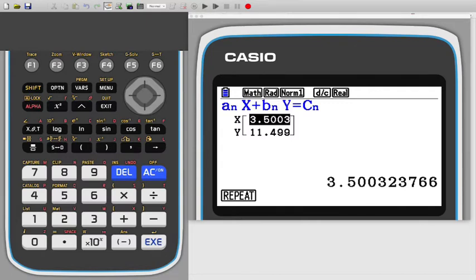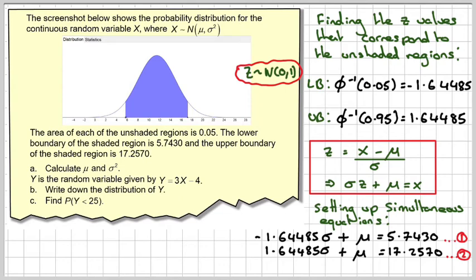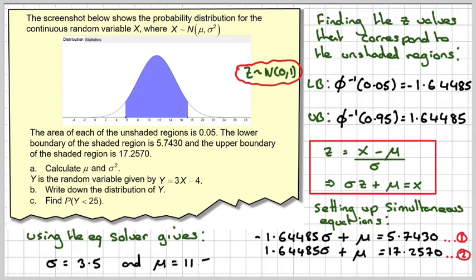The top value gives you 3.5 and the bottom value gives you 11.5. The top one is going to give you the standard deviation, and the bottom one is going to give you the mean. You just need to bear that in mind. So using the GDC solver, sigma is 3.5 and the mean is 11.5.